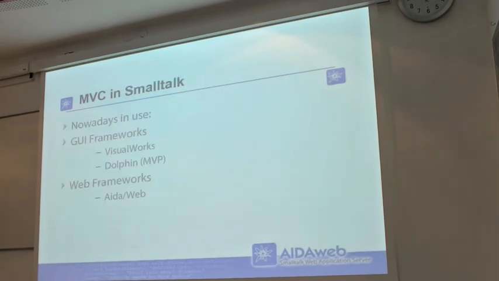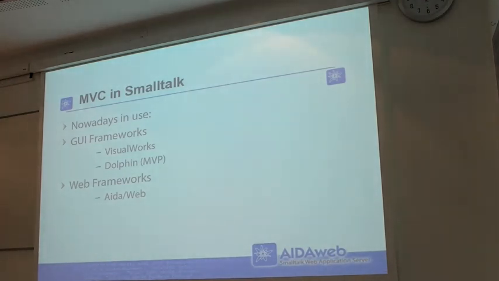Okay, MVC in Smalltalk nowadays and in use. Please raise your hand if someone doesn't agree completely. But by my knowledge, we have two GUI frameworks, in VisualWorks and in Dolphin Smalltalk, which use MVP, Model View Presenter, a kind of MVC.